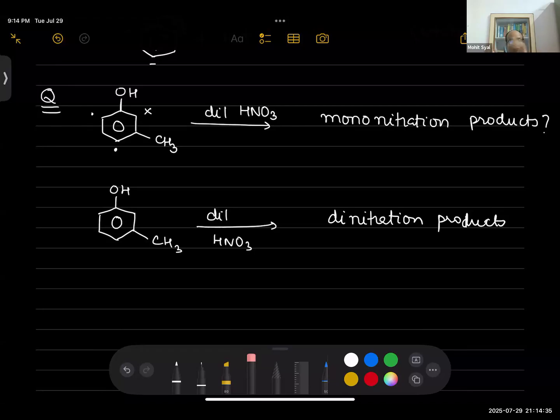If you attach the NO2 group in the middle of the two, the compound becomes unstable. So I will choose either of the positions outside, ortho and para, but not the ortho position which is in the middle of the two groups. Okay, so remember this, very important.